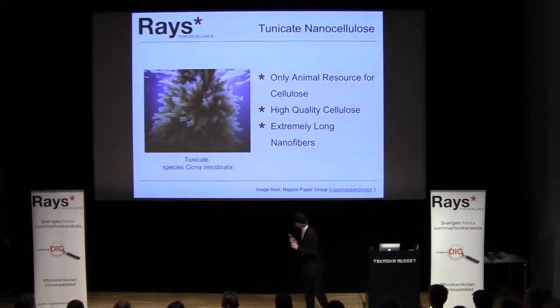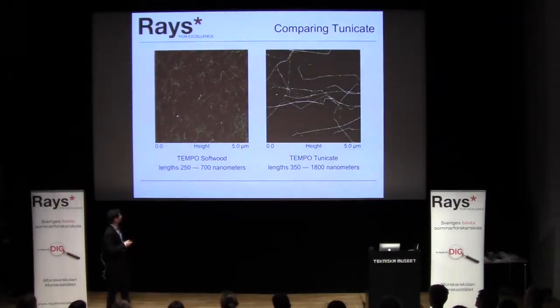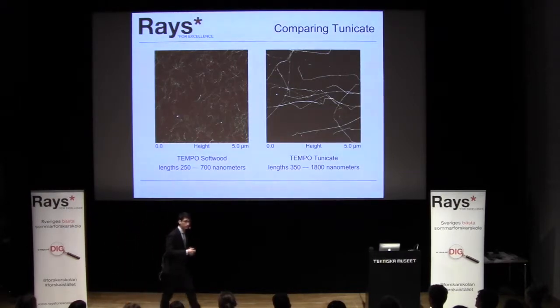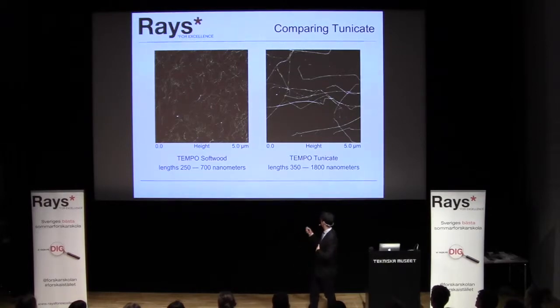The interesting thing is that cellulose can also be extracted from something called tunicate, which is in fact the only animal resource for cellulose. From this we can produce very high quality cellulose with extremely long fibers. To give you a comparison, I will talk about softwood, which is the most common source for cellulose, as we compare it to tunicate.